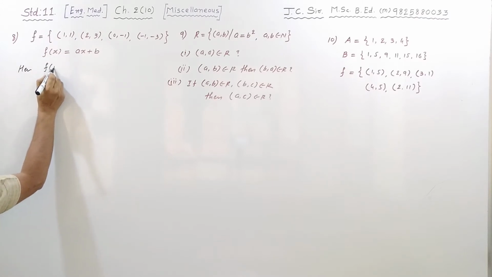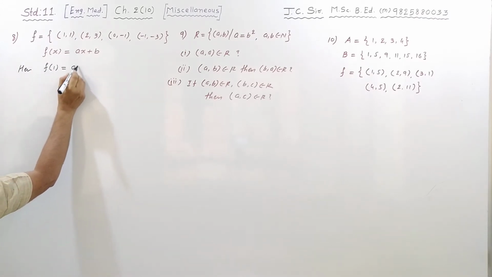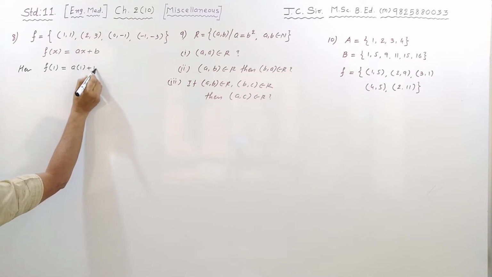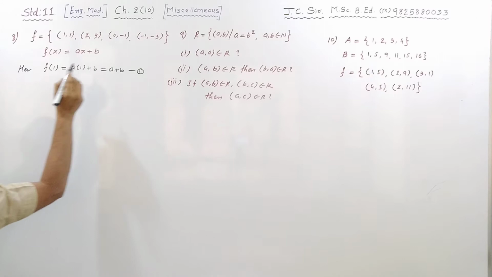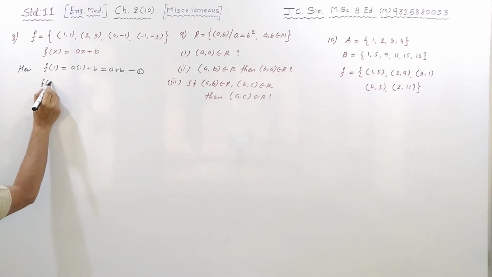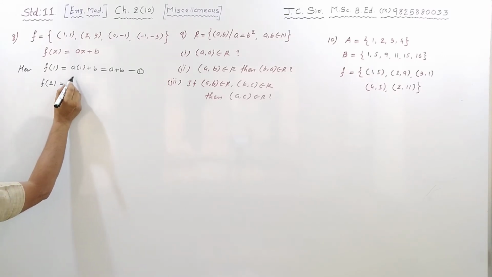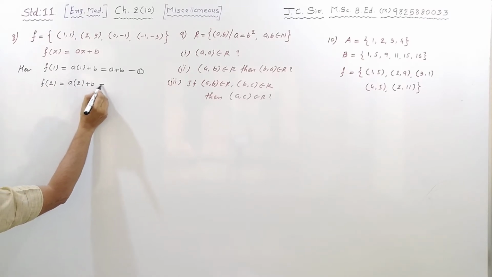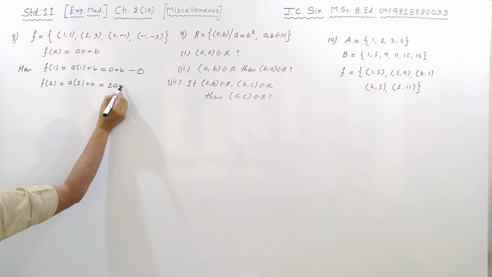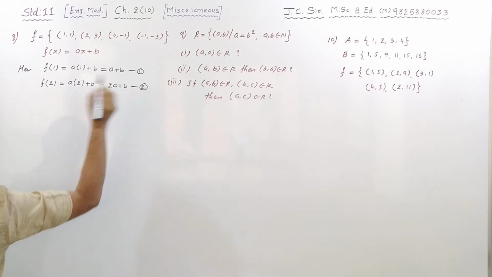f(1) by this formula we will write a into 1 plus b, that is a plus b, number 1. Same f(2), we are taking 2, so a into 2 plus b means 2a plus b, number 2.